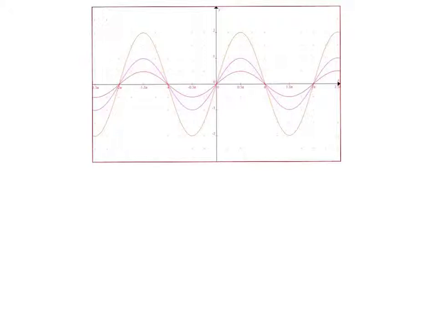So what you see in front of you are three graphs. All of them have to do with sine. This one in the middle, that looks like a purple, is good old sine of x. The one that goes up all the way to 2 and down to minus 2 is y equals 2 sine of x.